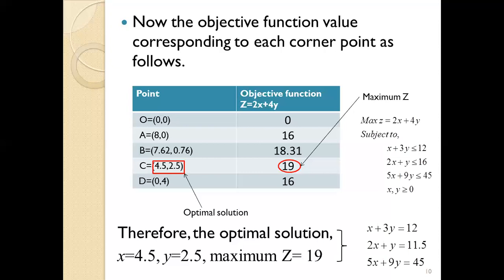If we substitute x equals 4.5 and y equals 2.5, we will get 12. The constraint says it should be less than or equal to 12. That means the constraint is satisfied. Similarly, we can see that the other 2 constraints are also satisfied. That means the optimal solution gives the best solution within the limitations.